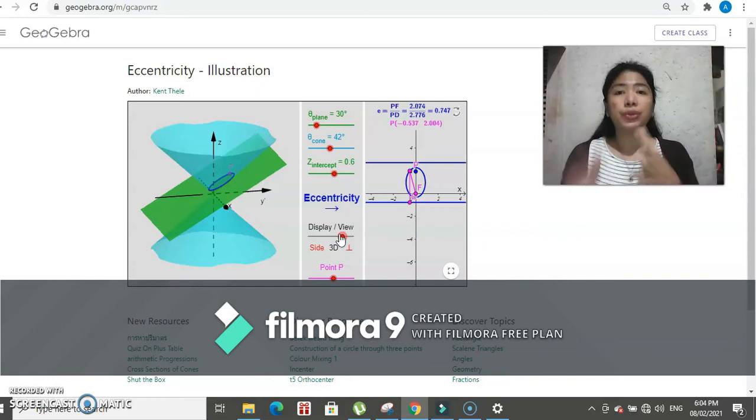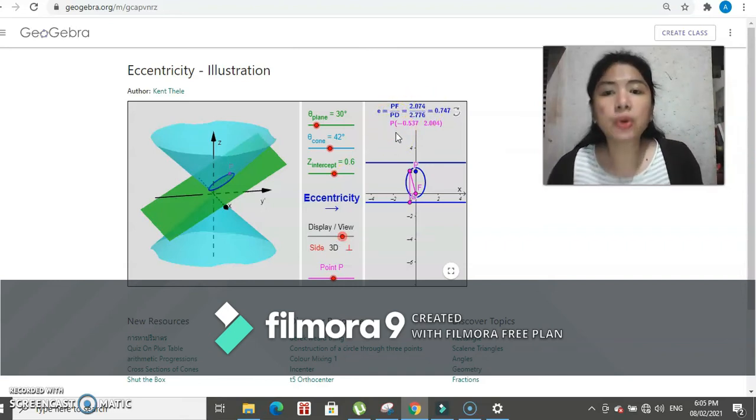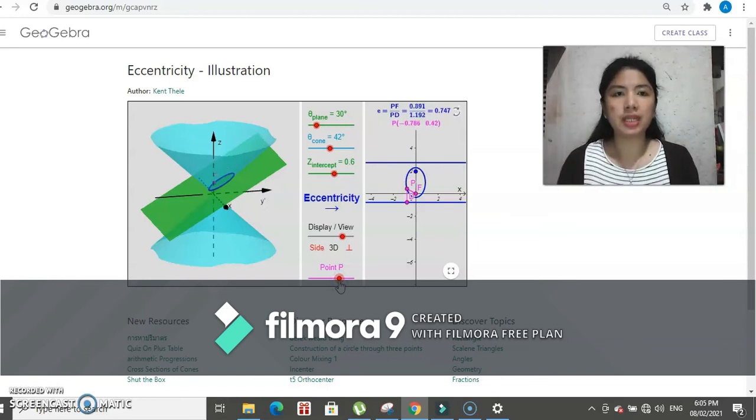The numerator is the distance between the point and the focus, and the denominator is the distance of the point going to the directrix. So PF over PB. As we move P, the eccentricity never changes. Just the parameters, the distance of the point to the foci and the point to the directrix, change.